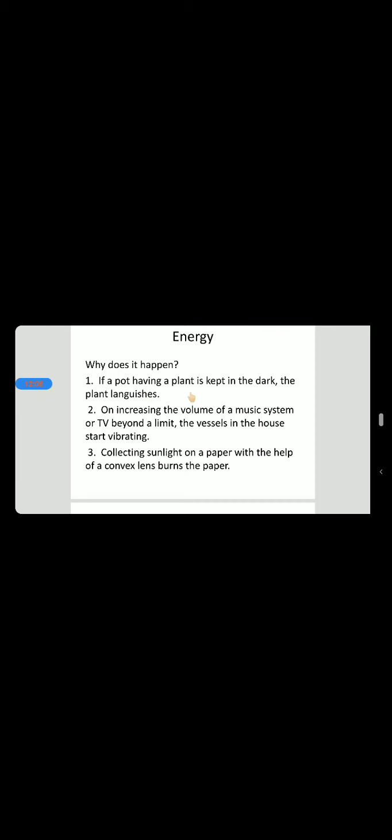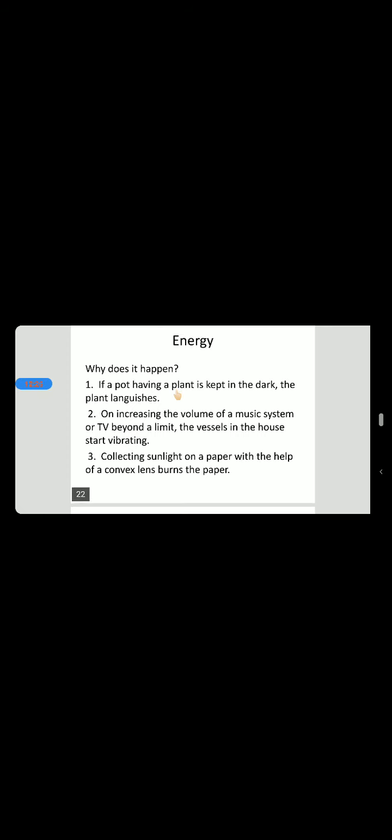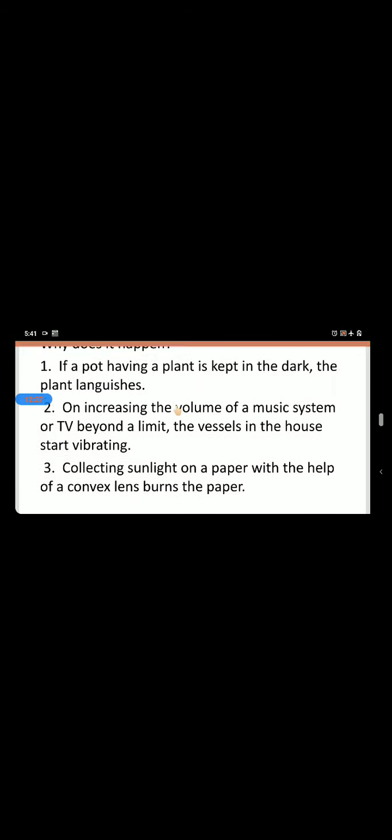By keeping it in the dark, we are stopping its growth. That is what we can infer from this example. The energy working in this example is the solar energy, and when it is not given to the plant, we see the result as languish, that is, it will not grow properly.